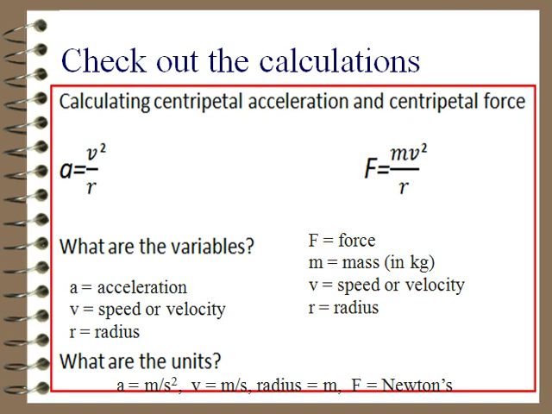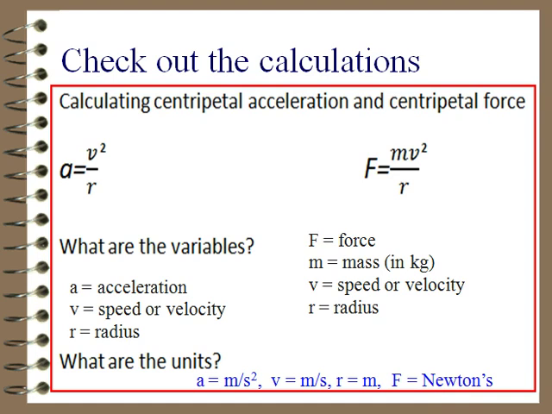All the units are listed down here below. Acceleration is meters per second squared. You've known that one. Velocity is meters per second. The radius must be in meters, and F will always be in newtons. We haven't talked too much about that. We will be touching on that in our next unit after we take this test. But that force is measured in newtons.